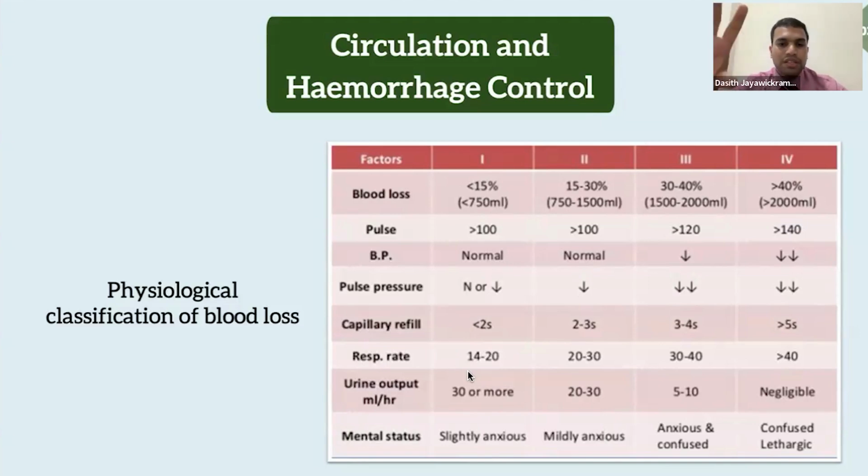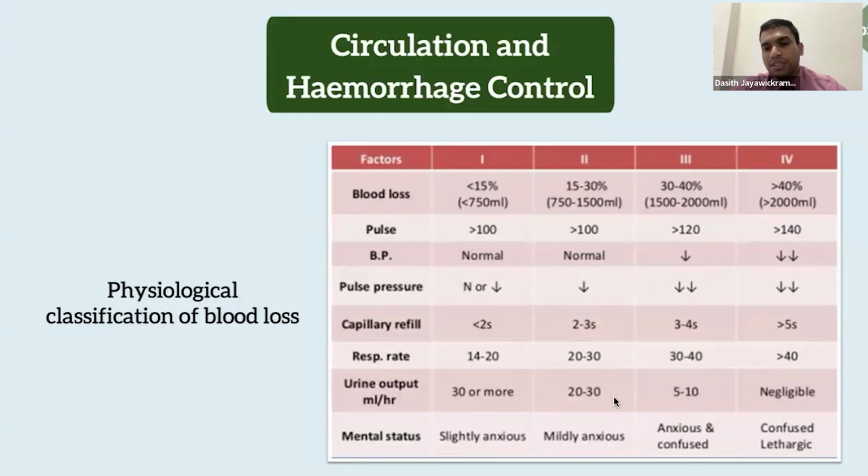You need to understand this. Reduced pulse pressure is the added indication in class 2. Capillary refill time will be slightly longer, respiratory rate could be a little higher, and urine output is still maintained. At this stage, the patient might be a little anxious.